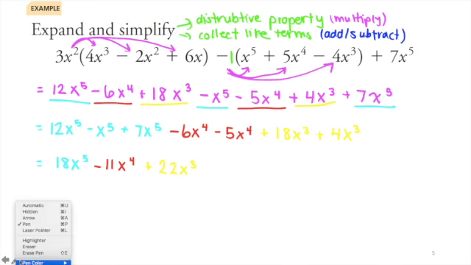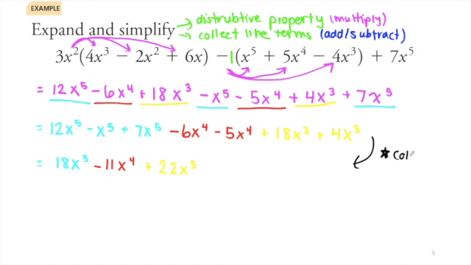Notice, I'll do a star here, so when you are collecting like terms, your exponents on your powers do not change. So I don't go 5 plus 5 plus 5 is 15 or anything.